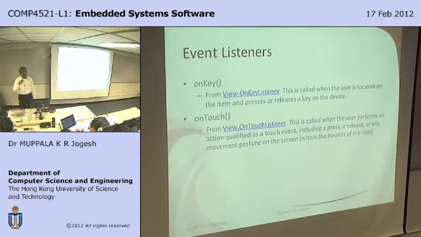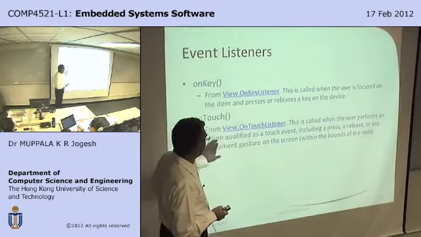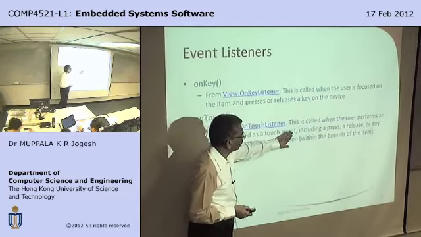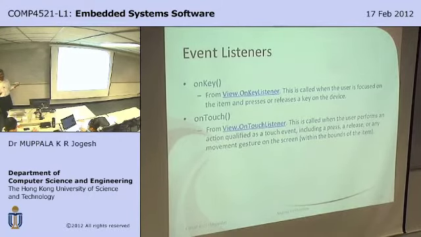The on-touch will work only if you have a touch screen. Okay. So this is called when the user performs an action qualified as a touch event, including the press, release, or any movement gesture of the screen. But this requires a touch screen support. Otherwise, the on-touch listener does not make sense. Okay.